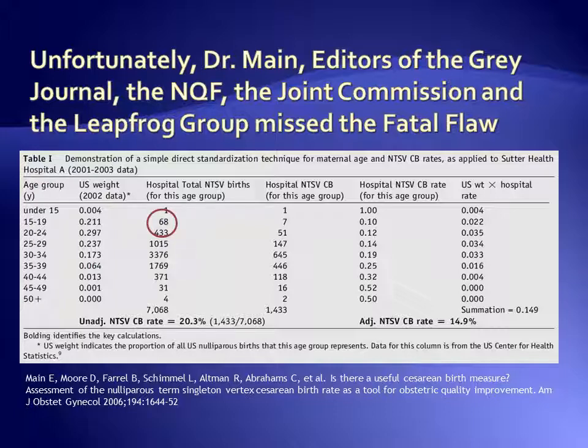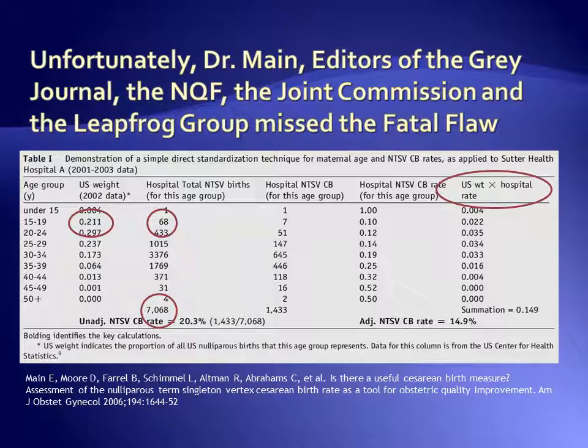For example, this is the table from Dr. Main's study, and if your hospital has the same age distribution as Dr. Main's hospital, you will find that there is only 68 patients in the 15 to 19-year-old age group. These 68 patients make up only 1% of the 7,068 births.